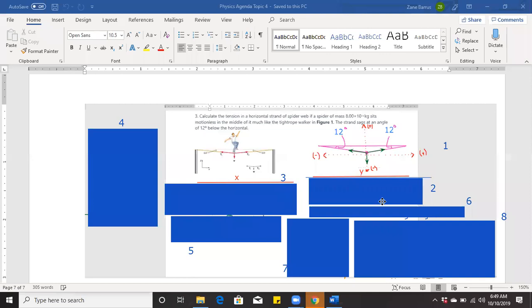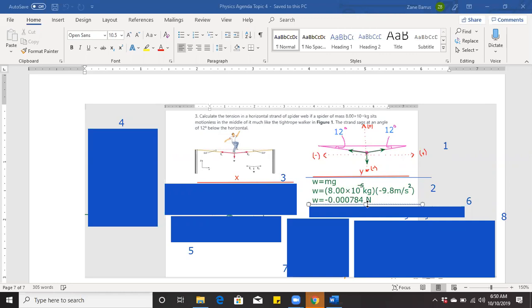Step 2, what I did, I figured, well, they already gave me how much he weighs. The spider's mass is 8 times 10 to the minus 5 kilograms. So right then and there, a very easy thing we could do first is figure out the gravitational force by multiplying his mass times negative 9.8.